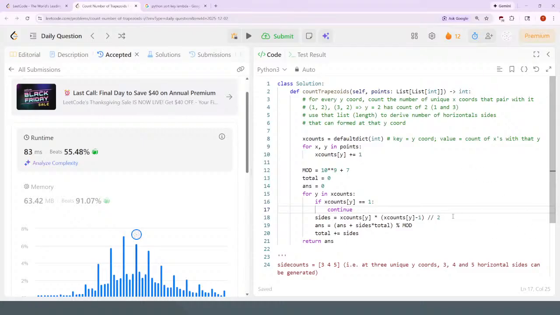If the count there is 1, then skip it. The number of sides is tabulated. And then the total is increased.